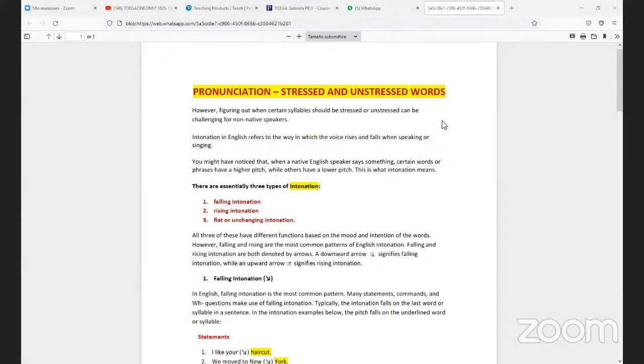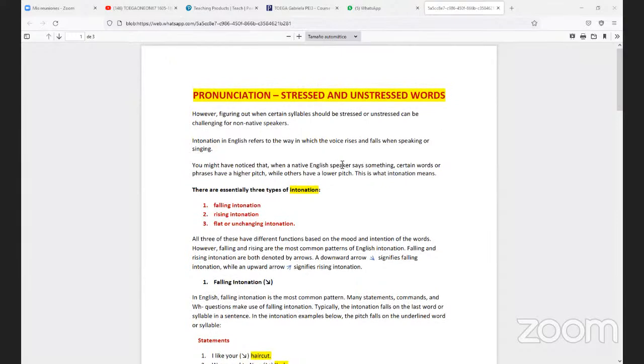So today we will see about pronunciation, how we use the pronunciation and structure in some cases. I am sharing this document with you, and maybe you are going to find some grammar during this module. When we talk about pronunciation, let's start with stressed and unstressed words.